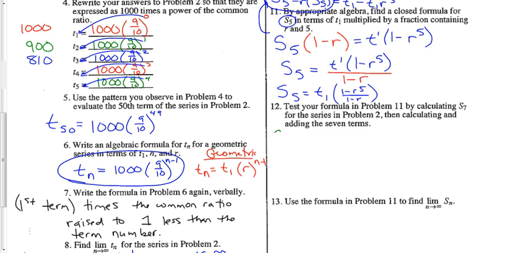According to my formula, s sub 7 is going to be the first term times 1 minus, let's go ahead and fill stuff in. We know the first term is 1,000. We know what our r is. So 1,000, my first term, times 1 minus (9 over 10) raised to the 7th power over 1 minus 9 over 10.